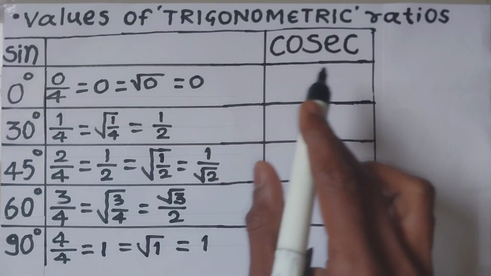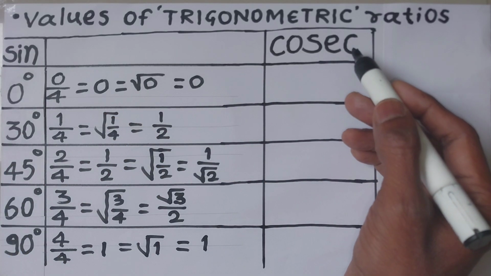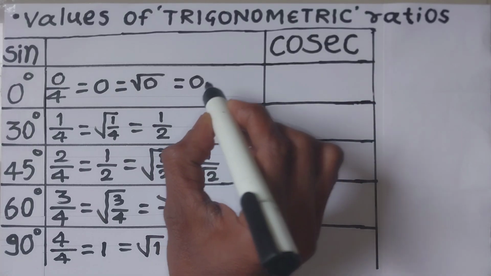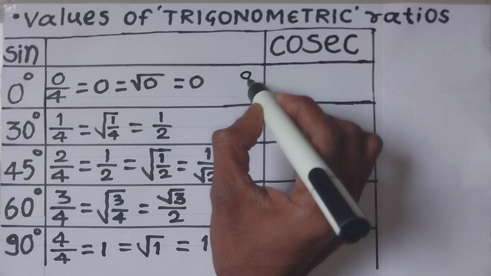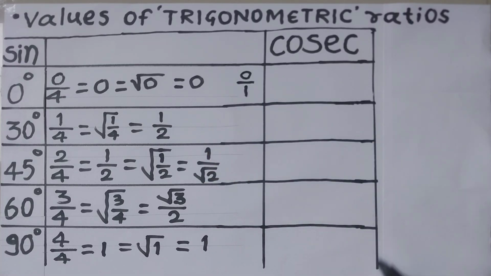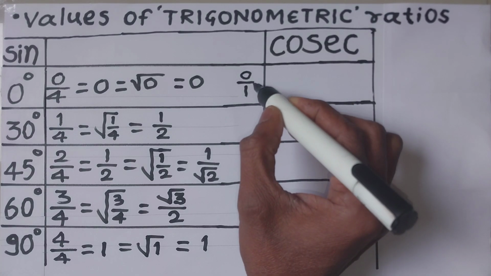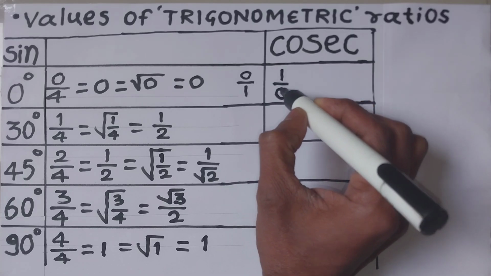Now look here. For sine 0 we take denominator 1, 0 upon any number is 0. Now we take the multiplicative inverse of 0 upon 1, that is 1 upon 0.